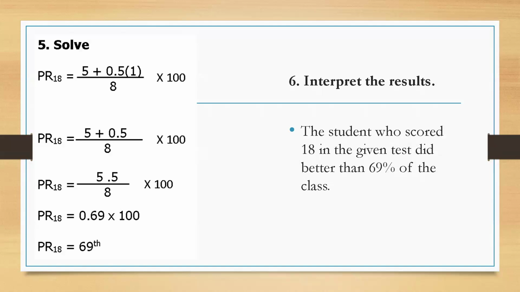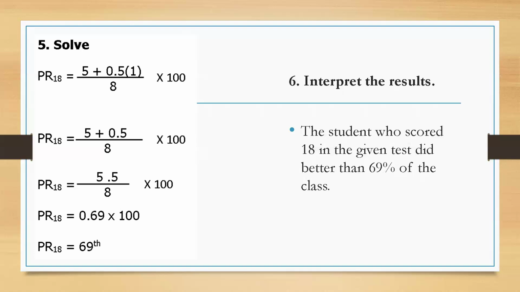So in solving for the percentile rank of 18, we have this solution: 5 plus 0.5, which is multiplied to 1, all over 8 times 100. 0.5 times 1 is equal to 0.5. So 5 plus 0.5 divided by 8 times 100 is equal to 5.5 divided by 8 times 100.